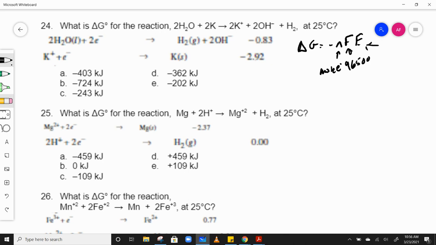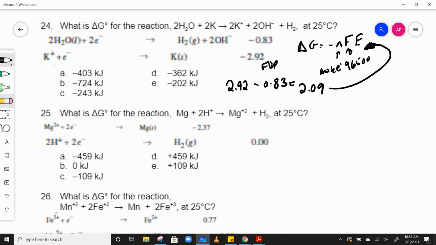So this one's pretty simple too, as long as you can find E naught of the cell. This one's a little bit tricky because you just have to look at what this equation is and how these are arranged. So H2O, this one we keep, and then K, we flip this one. So we have 2.92 minus 0.83, and we get 2.09. So that's the E naught of the cell.